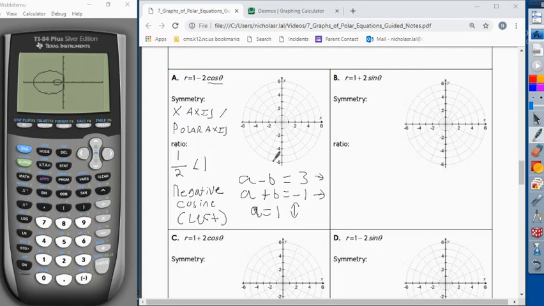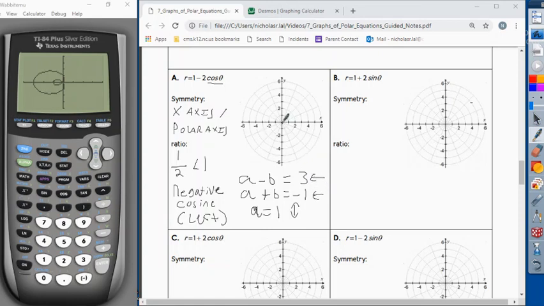We would have a point at 3. If we're facing right, we'd move 3. But it opens left, not right, so you would be facing these directions.